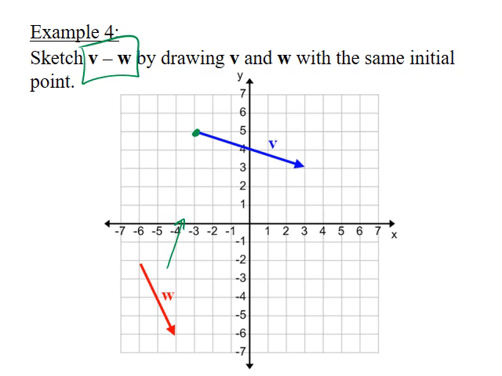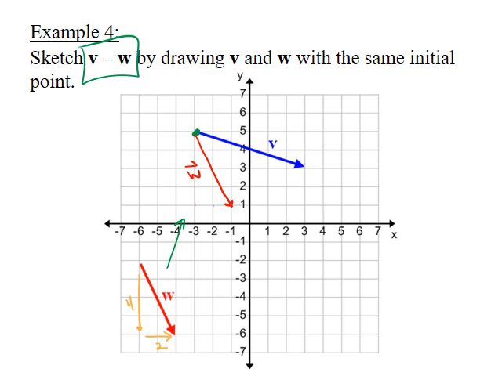Here I'm going to go down 4 units, to the right 2 units. So from here, down 4, to the right 2. Oops, I'm way off. So this will become vector W.